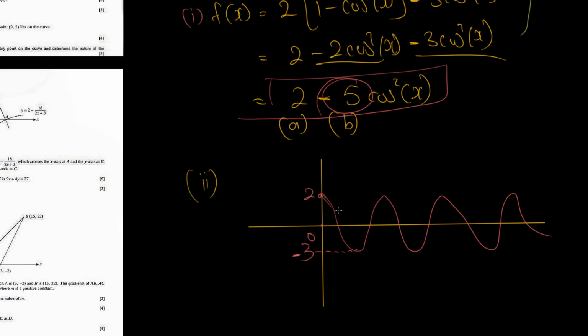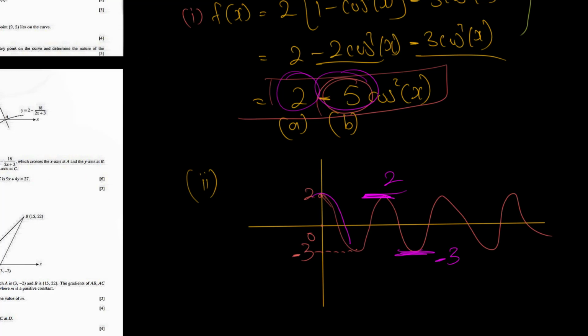So the greatest value is 2 and the least value is -3. Again, I can do that by simply drawing a rough sketch of the curve in my mind. I know that the amplitude is 5, and we are starting from 2. So 2 minus 5 is -3, and then you have the rest of the following. For this question, you need to know how to draw trigonometric curves.